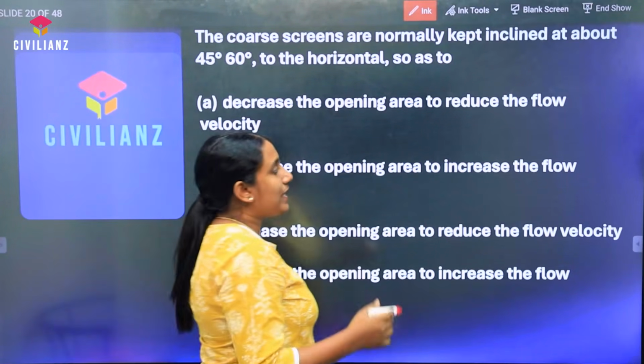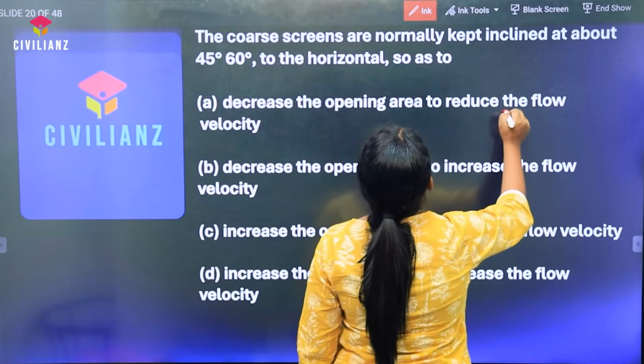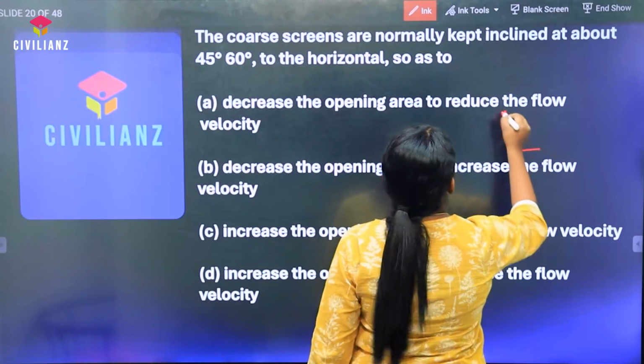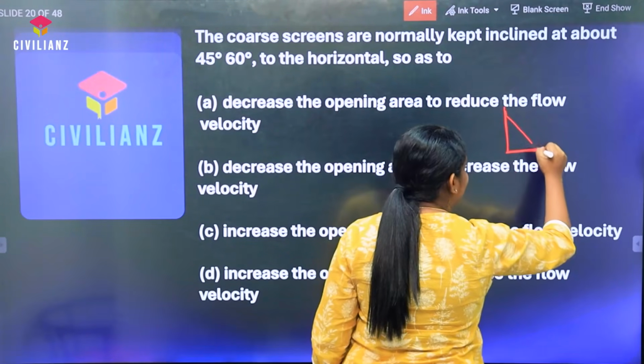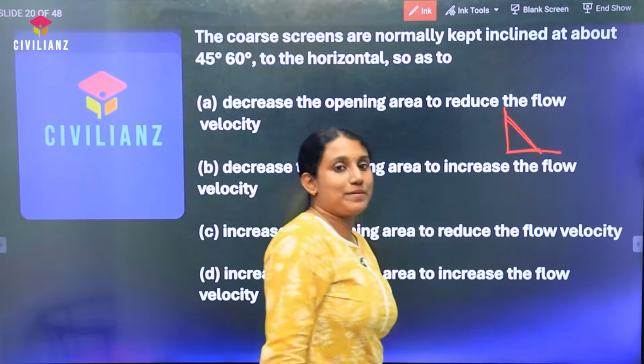So in every case, in the screening process, the screen is always kept inclined to horizontal.